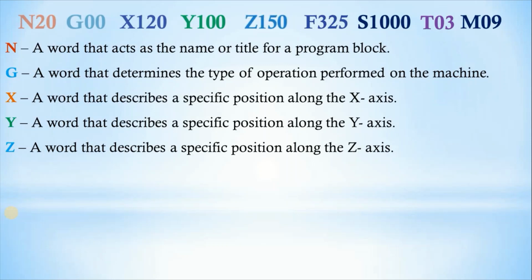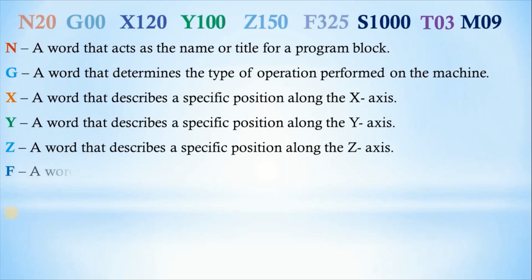So if you see these three axes in the coordinate system, the z-axis is always parallel to the spindle. The x-axis is the longest distance parallel to the workpiece and the y-axis is the shortest distance parallel to the workpiece. The tool movement is always given by the z-axis.